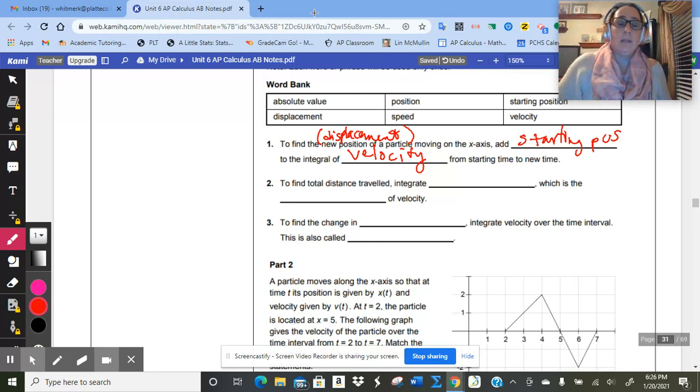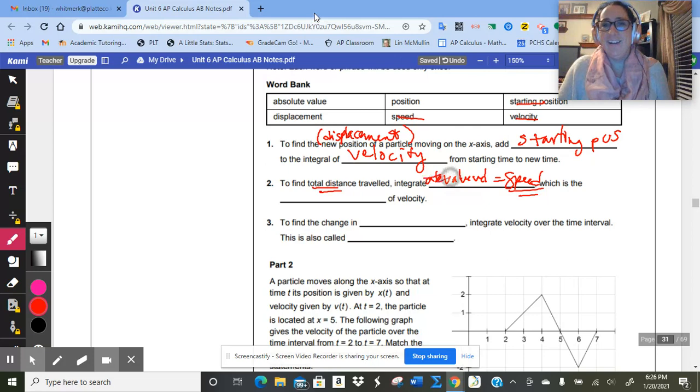Okay, so to find the total distance, here we're going to integrate the absolute value of velocity, which is the speed. Okay, so here, let me cross out what we've used.